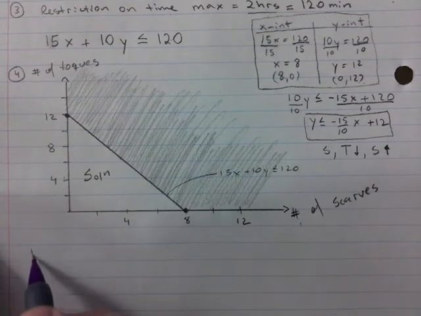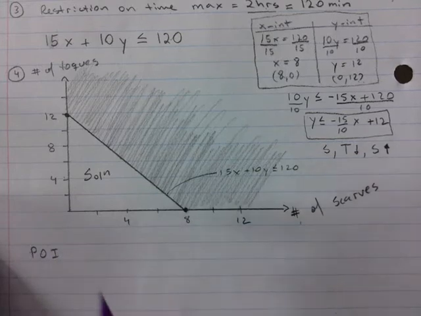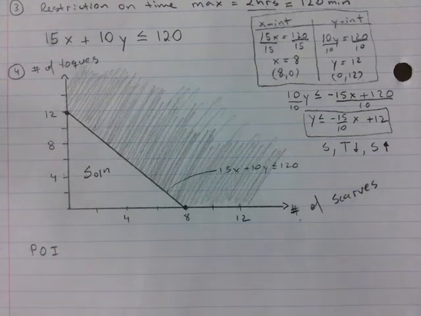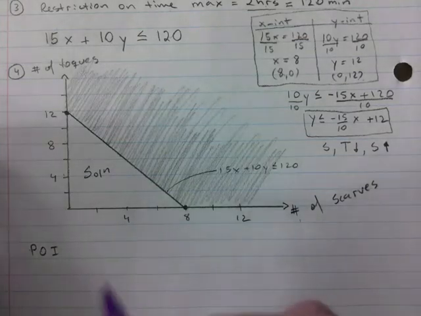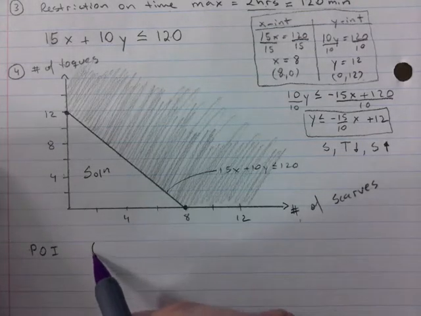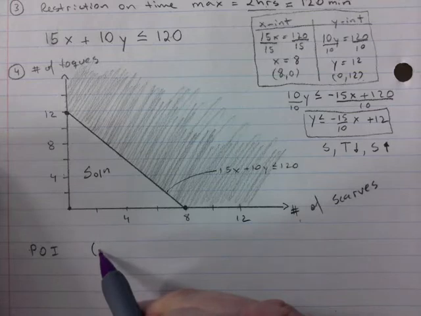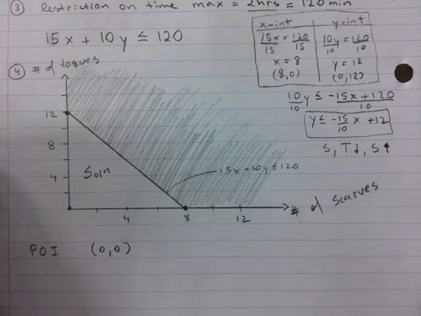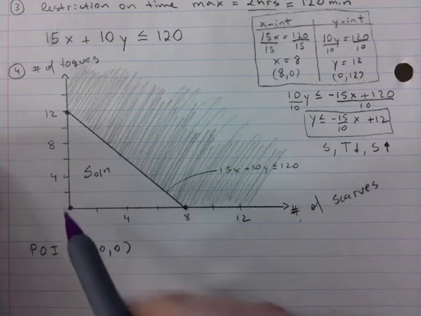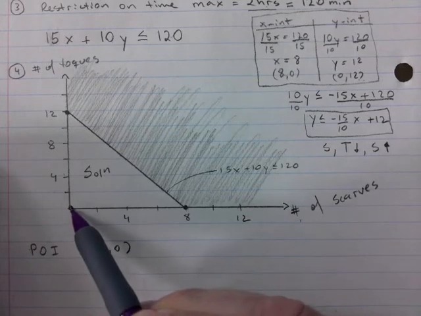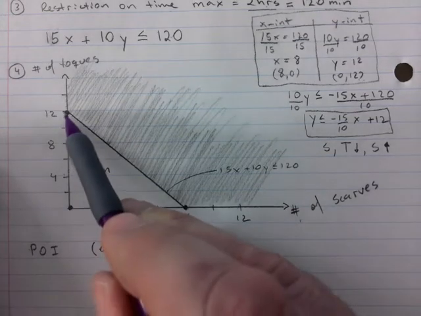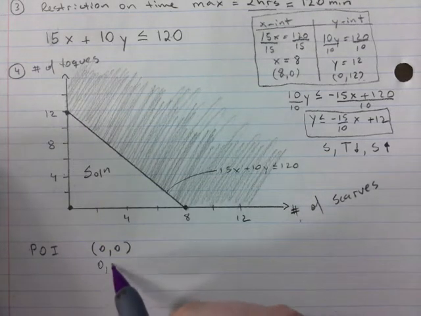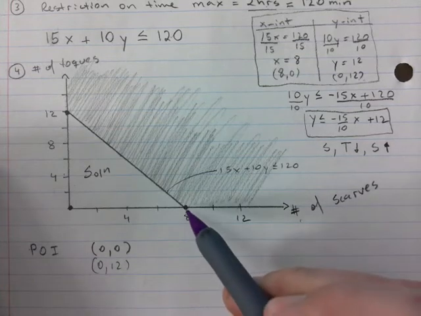So let's find the points of intersection. In this case, you can read them all off of your graph. Every single one of them. So we have 0, 0, and you might think that's a little bit irrelevant. True, but that is surrounding your solution region. 0, 12 and 8, 0.